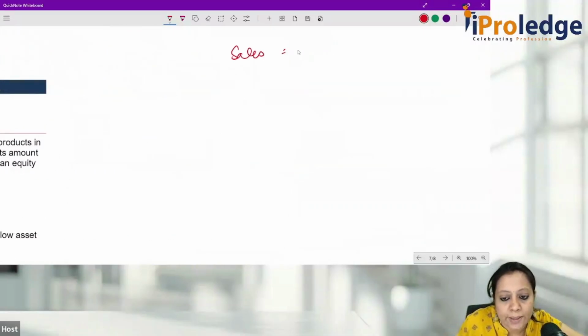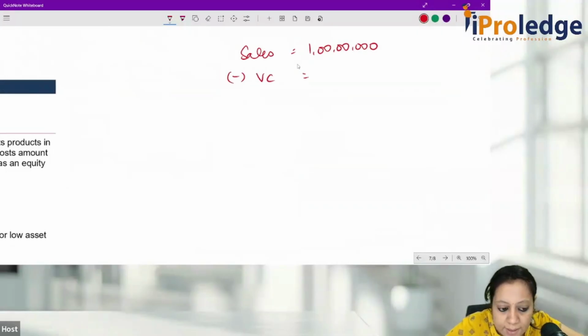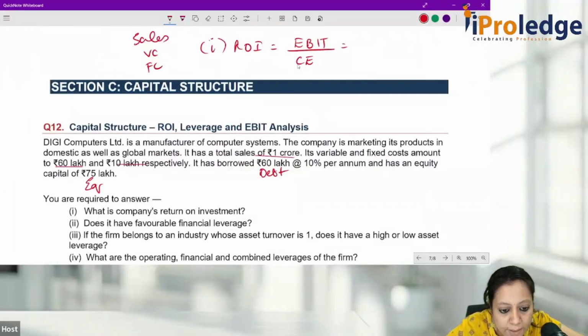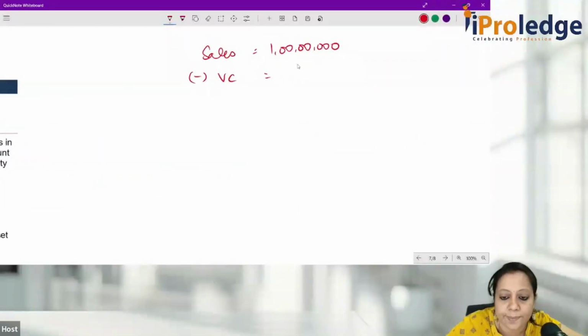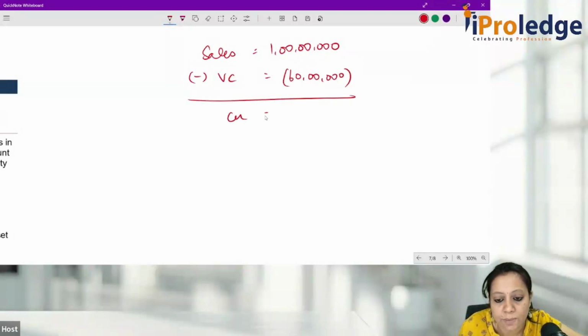You all know it already. Sales is 1 crore given in the question, minus variable cost is given to be what? 60 lakhs. Contribution is equal to 40 lakhs.